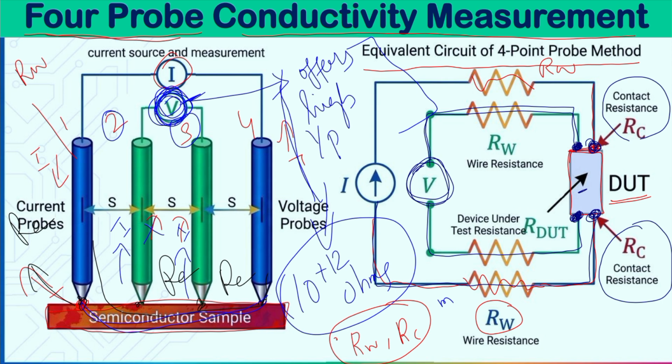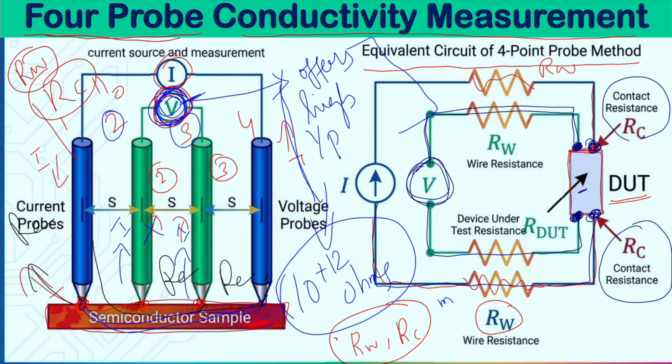That means the voltage drop across the probes 2 and 3 due to the wire resistance RW and the contact resistance RC is kind of zero or negligible. So whatever voltage you are measuring in the voltmeter is solely or approximately due to the voltage drop that occurred in the semiconductor or sample.